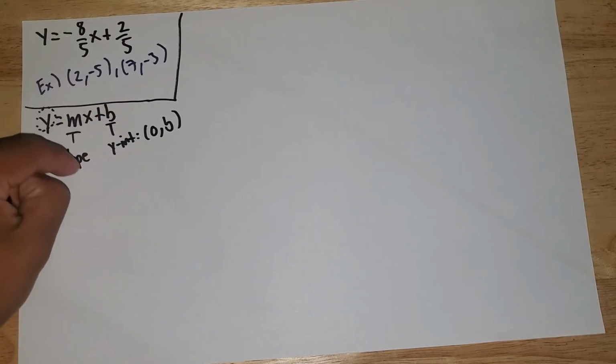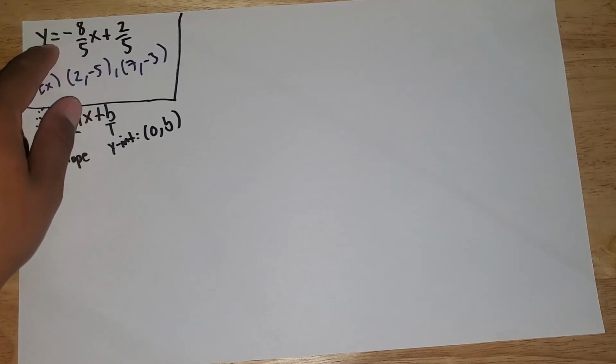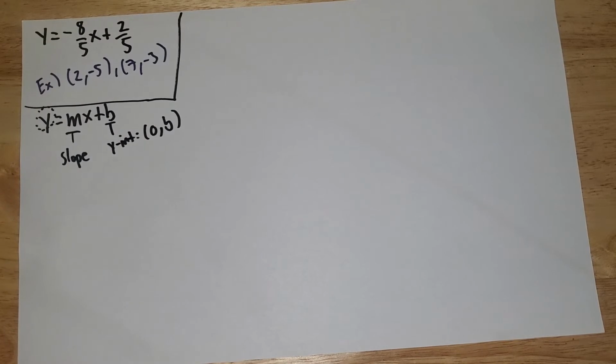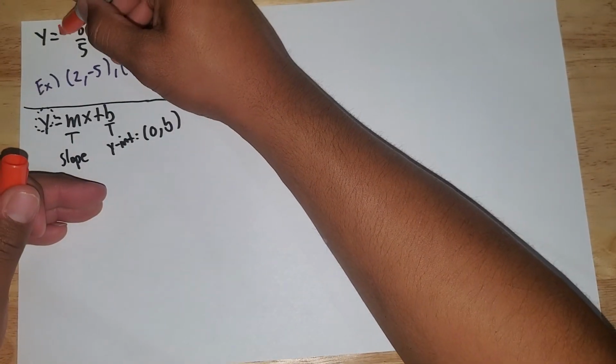So to find the slope of a line, if you actually know what the equation is, you can find the slope of that line. Again, if you want, you can try using points. That works perfectly fine. Or even here in this last example, I know what the slope of this linear equation is.